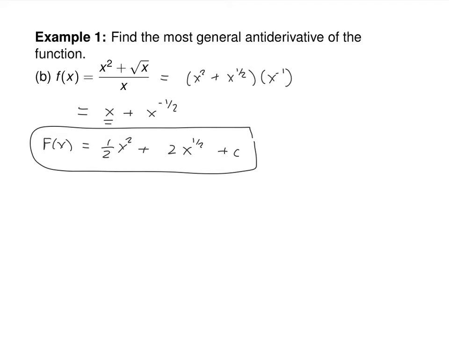I can't make you write that as root x without asking for it explicitly, but it is kind of better to at least know that x to the 1/2 is root x. Unless I legislate it, I don't think I can take off points for having an equivalent, also correct answer. Okay, is that all right?